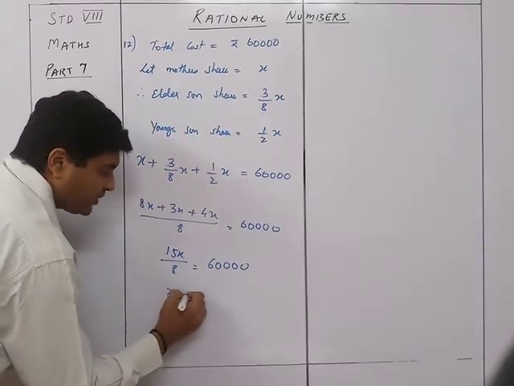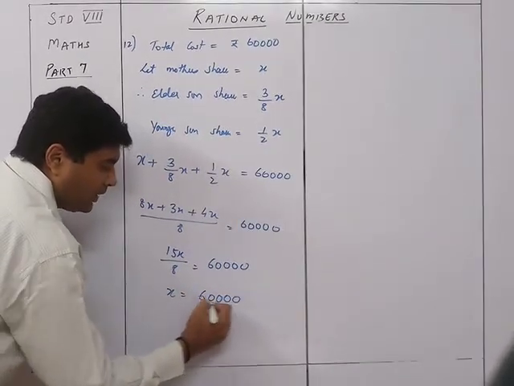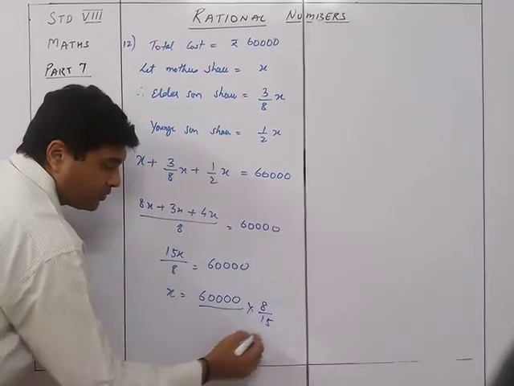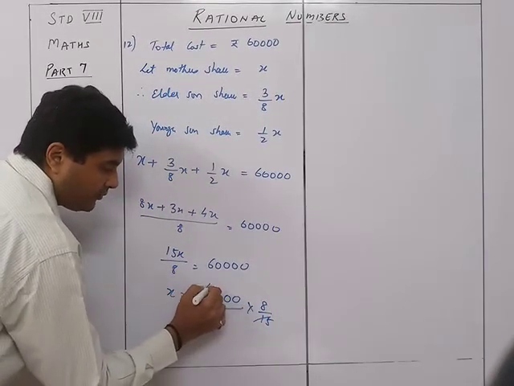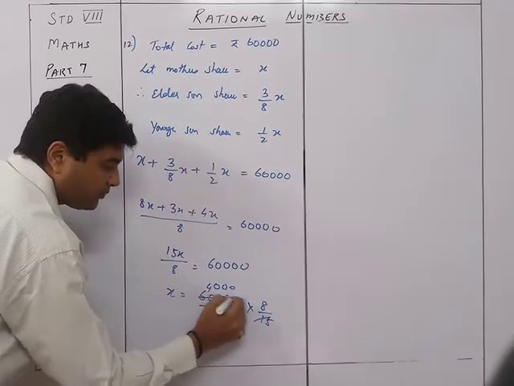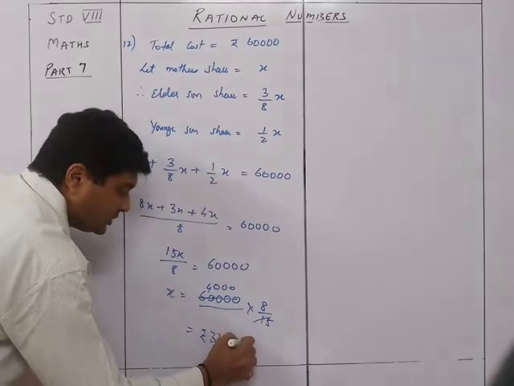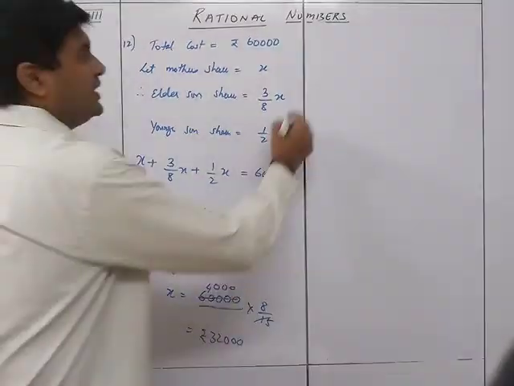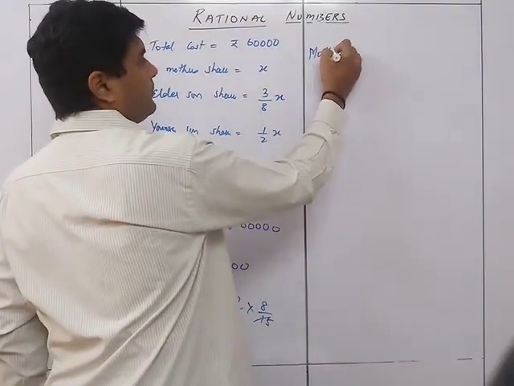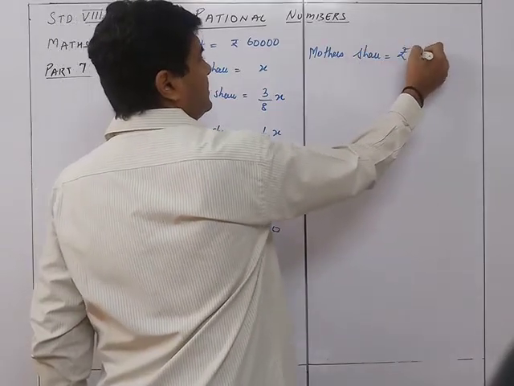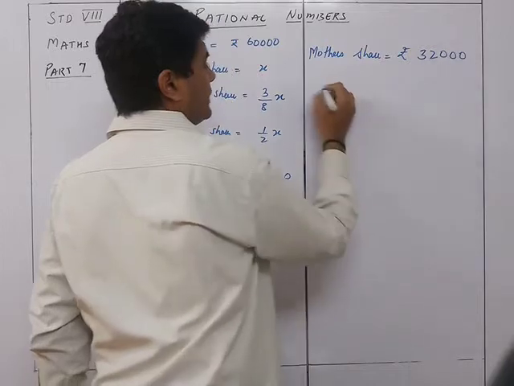That will give me x is equal to 60,000 into 8 upon 15. So 15 4s are 60, so it is 4,000. So that will give me rupees 32,000. So that means that mother's share is equal to rupees 32,000.